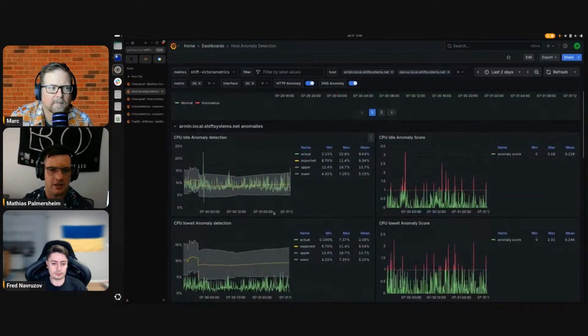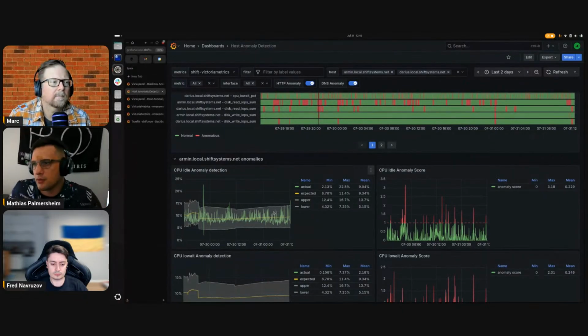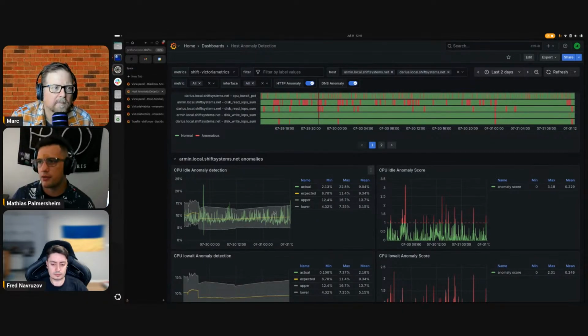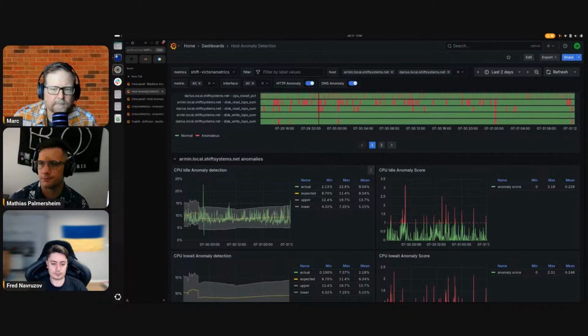So we could tell the anomaly detection model that, hey, this will never go outside of these bounds. So even though anomaly detection and machine learning is extremely powerful, having those business logic parameters inside is super helpful.